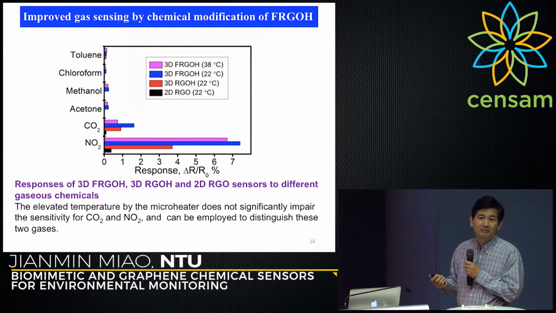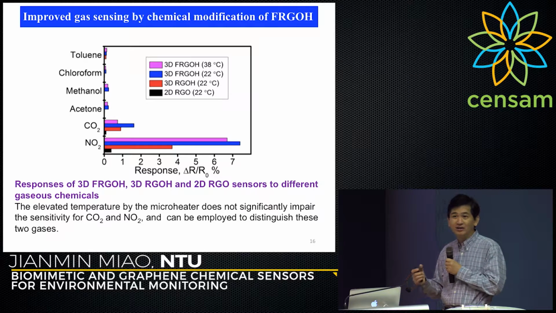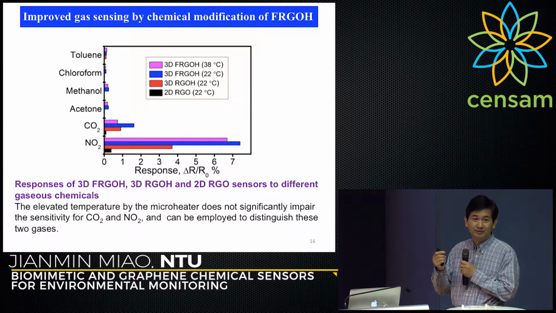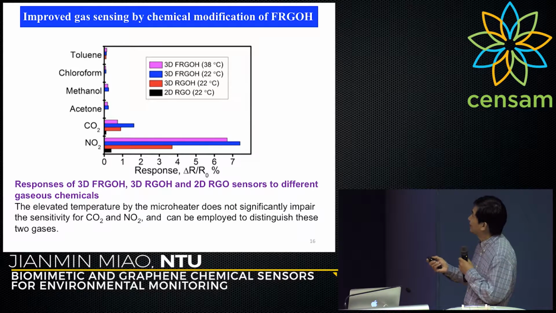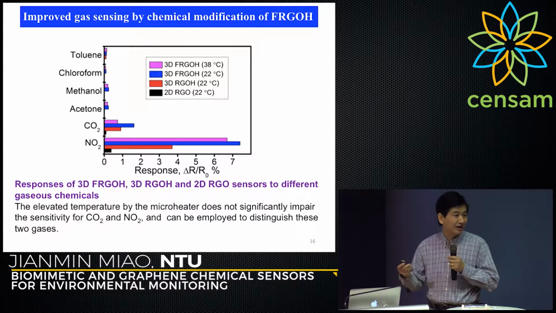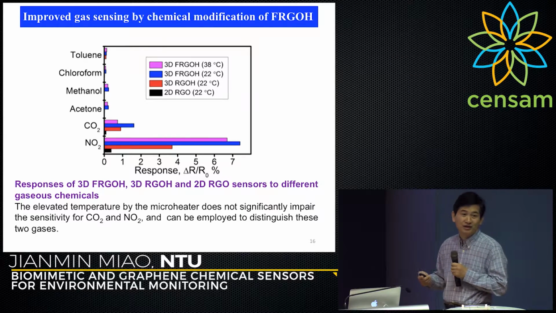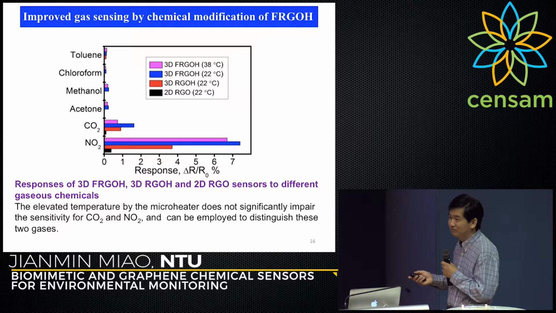By increasing the temperature, you can suppress the detection of other gases, so you can select the specific gas you want to detect. This is the idea behind using this microheater. And temperature-wise, it's not so high, only 38 degrees, and won't affect the environment, and power consumption is also very limited. Okay, I think this is all of my presentation.